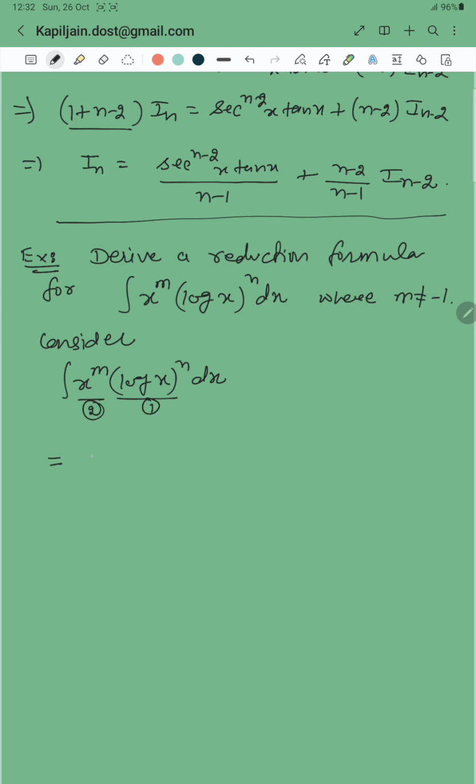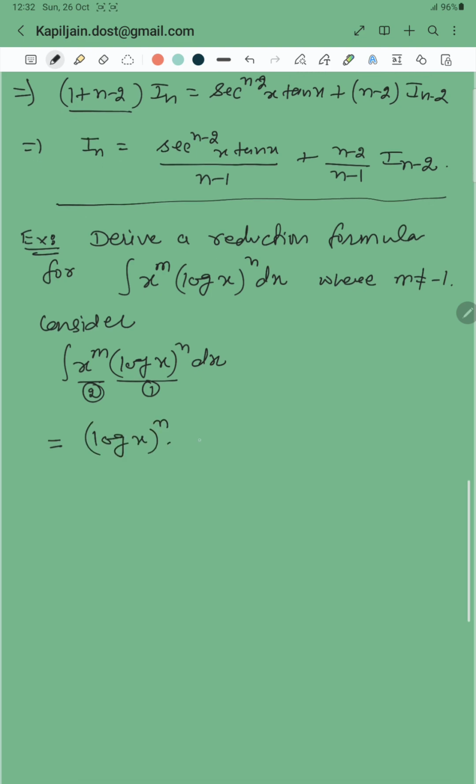So this is equal to the first function as it is, (log x) raised to power n, and integration of the second, x raised to power m plus 1 divided by m plus 1, minus integral derivative of the first, which becomes n (log x) raised to power n minus 1, and by the chain rule the derivative of log x is 1 by x, and further integration of x raised to power m is x raised to power m plus 1 divided by m plus 1, multiplied by dx.